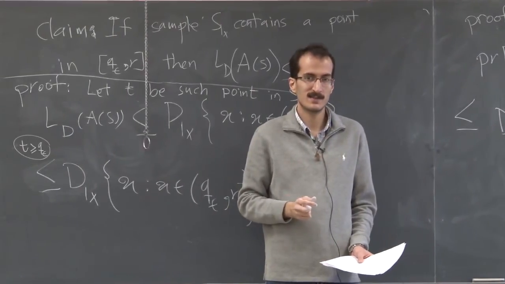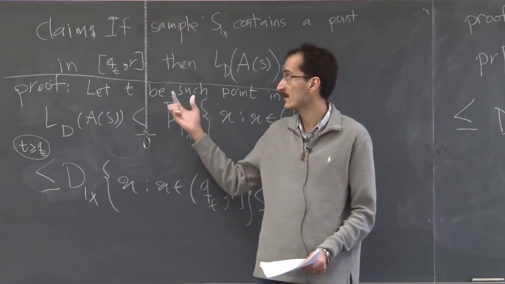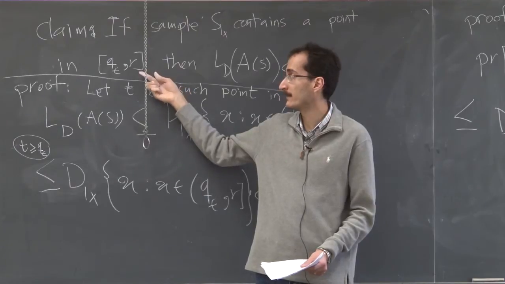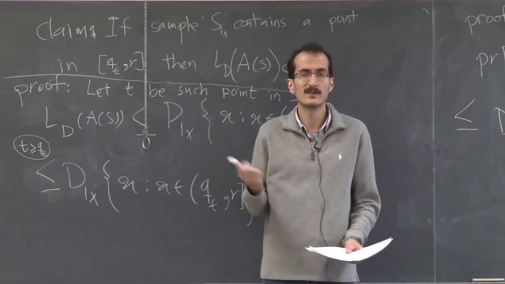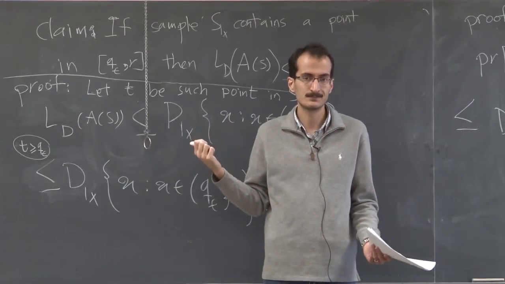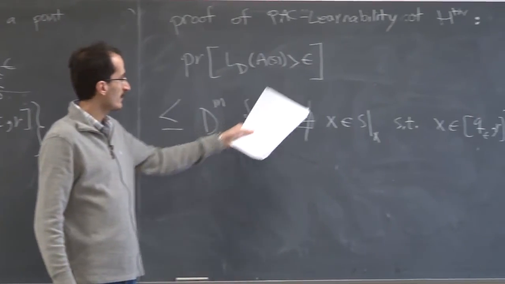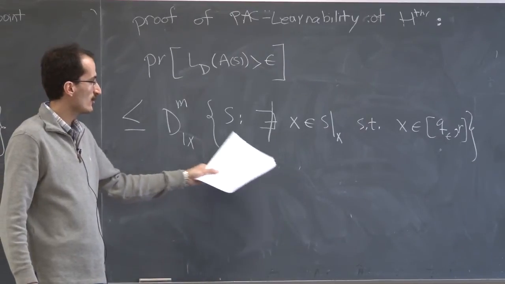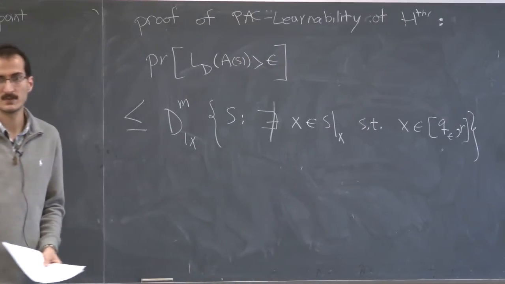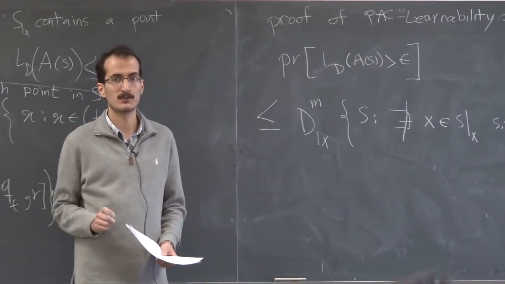So the probability that we are wrong is less than the probability that no example is in that interval. If we have one, we are good.